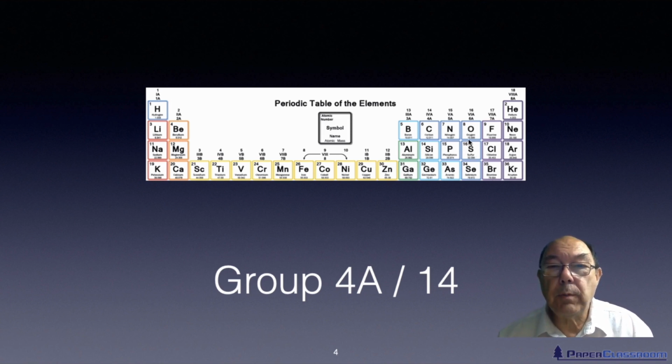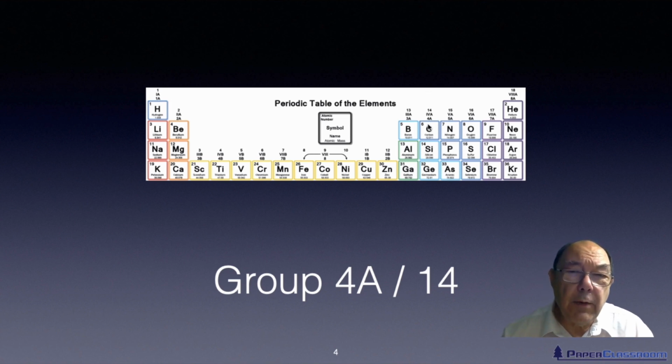Anything in this group, 6A as I used to call it, 16 these days, is quite happy to accept 2 electrons. And anything in this group here, group 3A or group 15, is quite happy to accept 3 electrons.